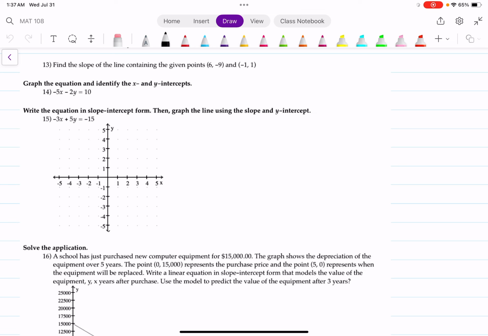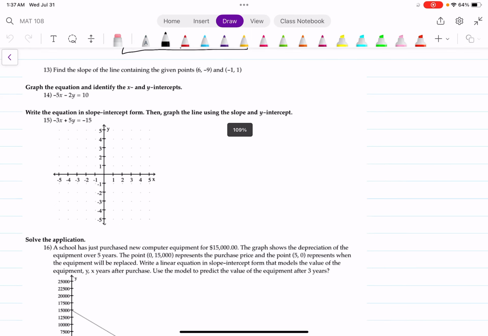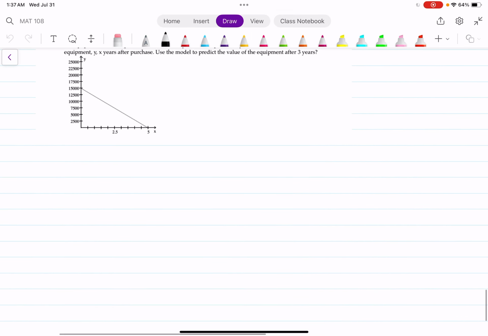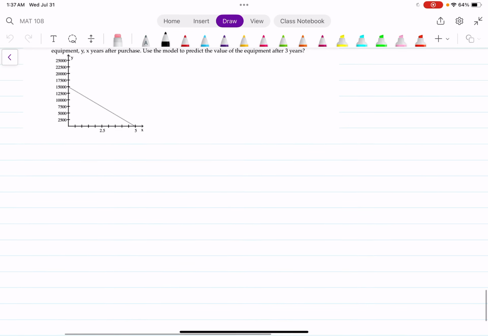When you want to find the slope of a line and you're given 2 points that are going to be on that line, you must use the slope formula. That's why it's imperative to also know your formulas.